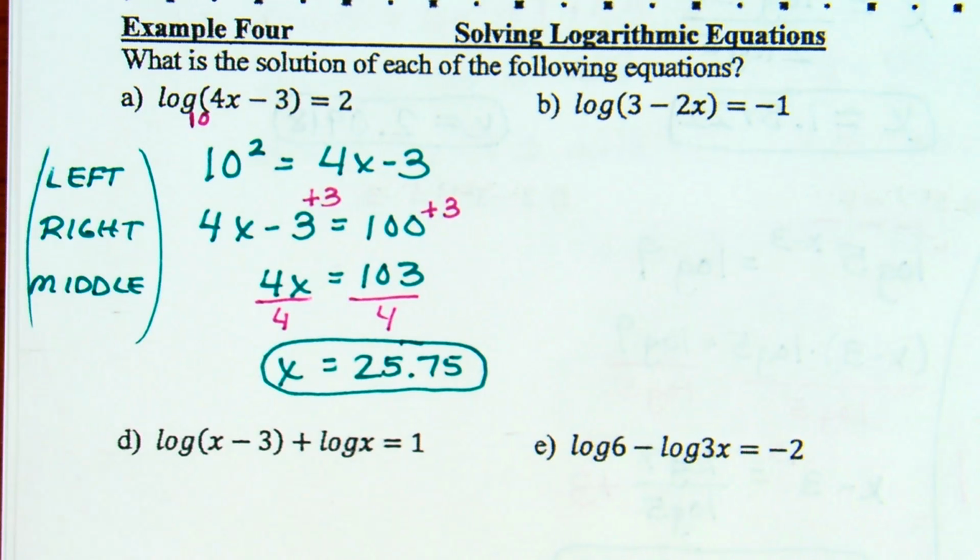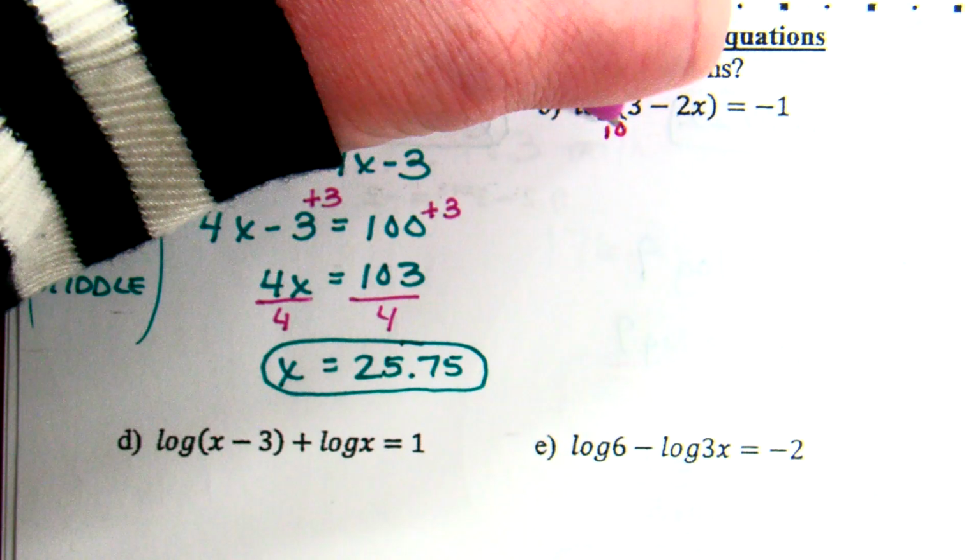Log of 3 minus 2x equals negative 1. Again, we are in log form. I first need to probably acknowledge that invisible base 10.